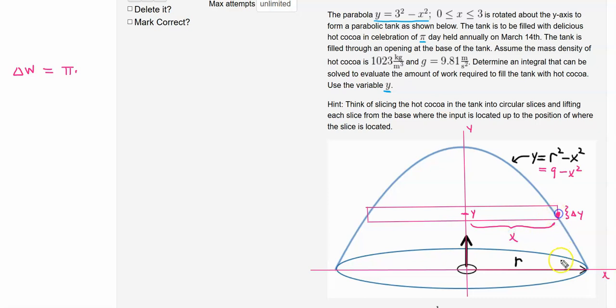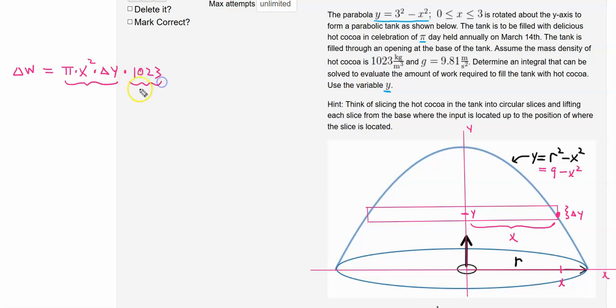That's x right there on the x-axis. So pi times x squared times delta y. That's the volume of this slice right here. We want to calculate how much force it takes to lift it, so we want to calculate its mass. So this is the volume times the mass density.